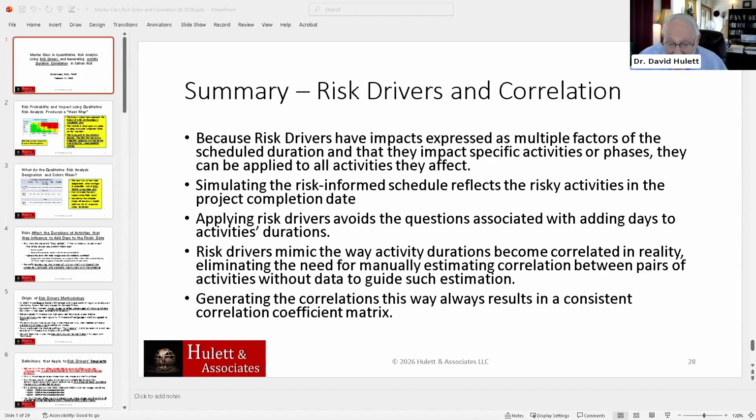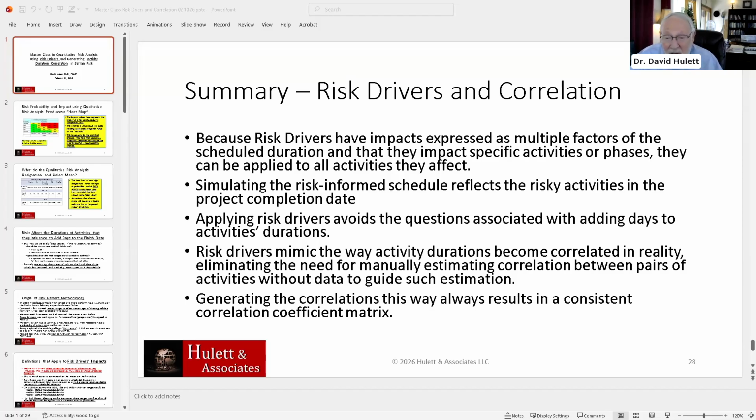And of course, if it's just that one risk affecting 20 activities, they are 100% correlated. But you have 50 risks or 40 risks or 20 risks or however many risks you have. Each one of them can affect a different set. There will be some that will affect the entire phase, and others that will affect part of the phase, but not other parts of the phase.